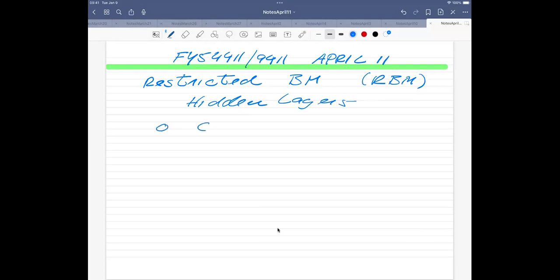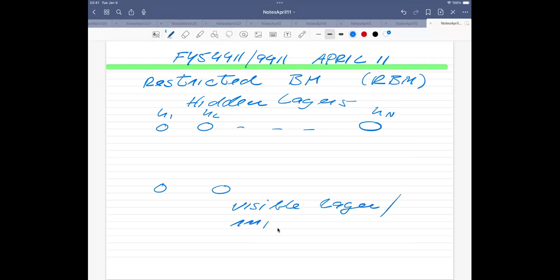So we could have a set of hidden nodes here, and then we have, let's call this H1, H2, and all the way up to Hn. So these are the number of hidden nodes. And then we would also have a number of visible nodes. So these are the visible layer, often also called just the input layer.